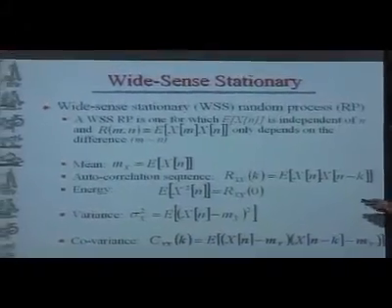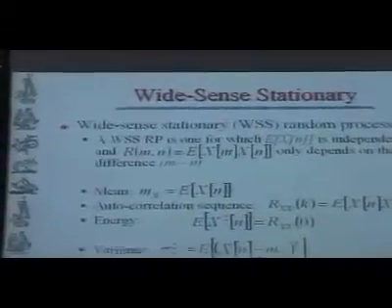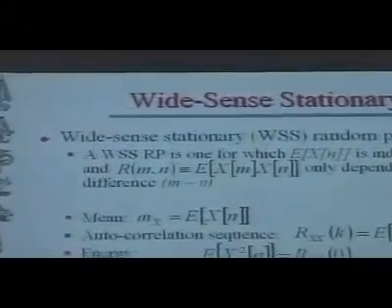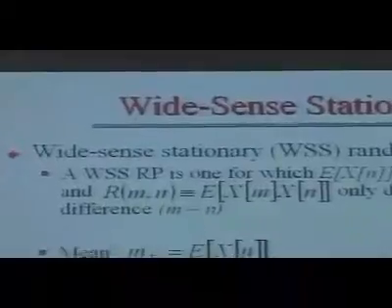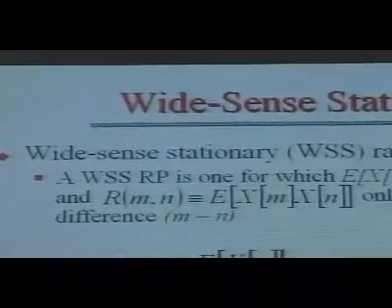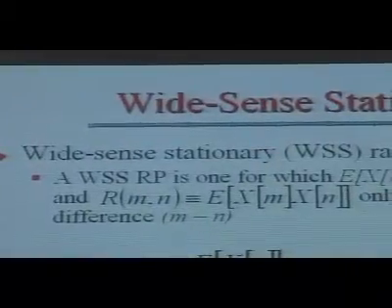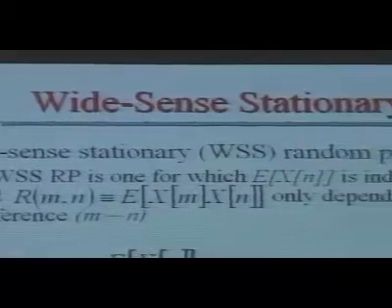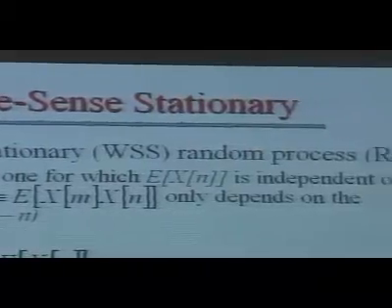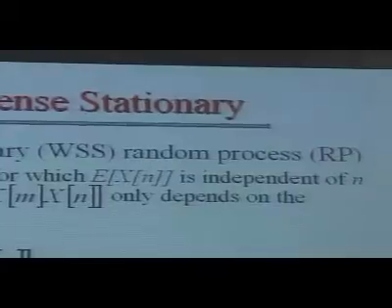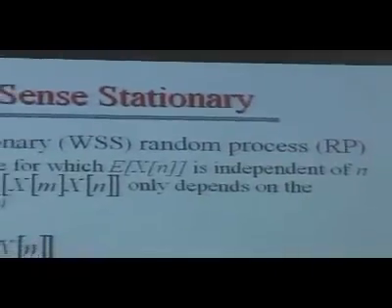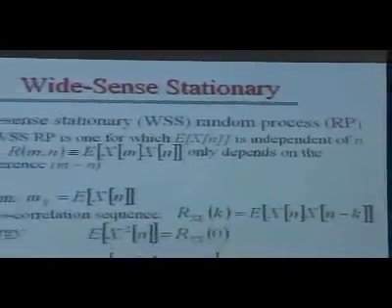So we come up with the concept of wide-sense stationary. As far as speech, audio, images, and video go, this is as far as we can go, because this is the only way that we can say a little bit about the signals using the concept of random variables and random processes.